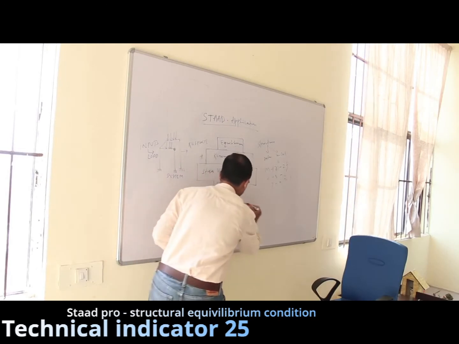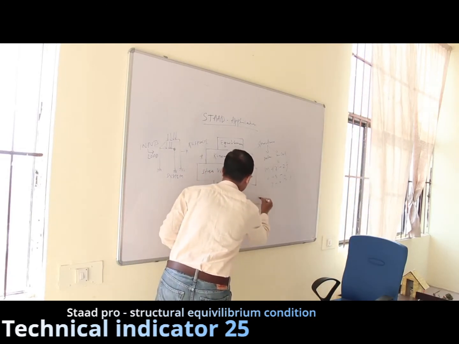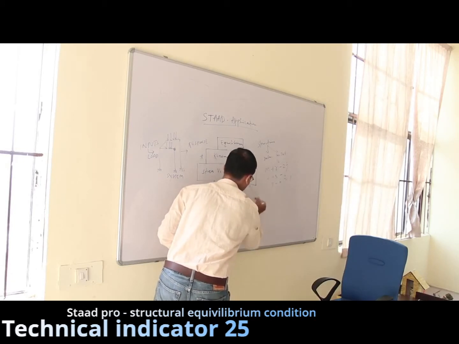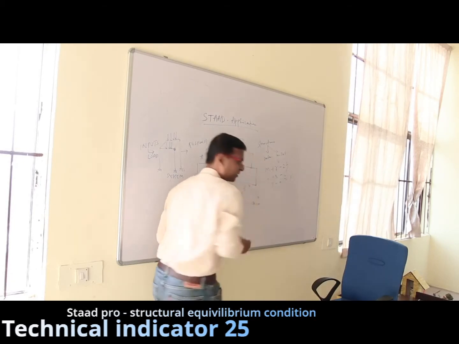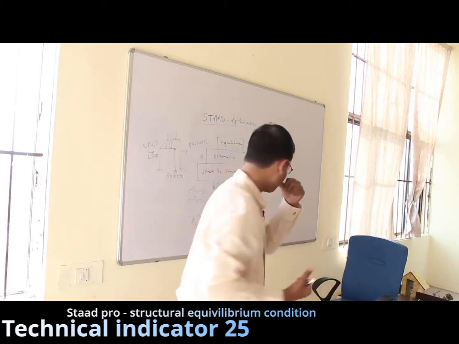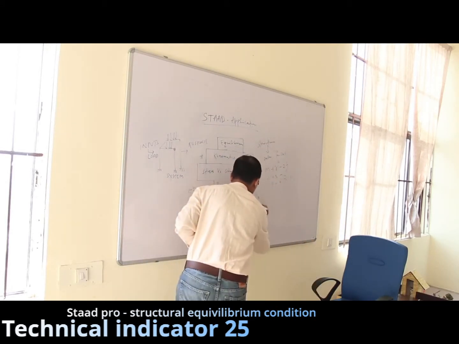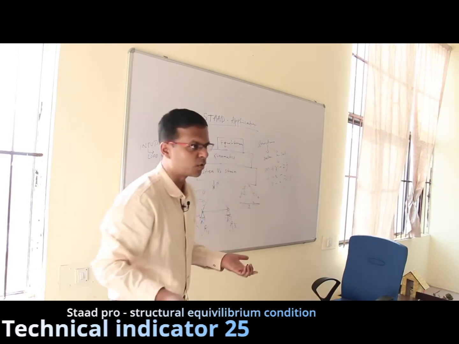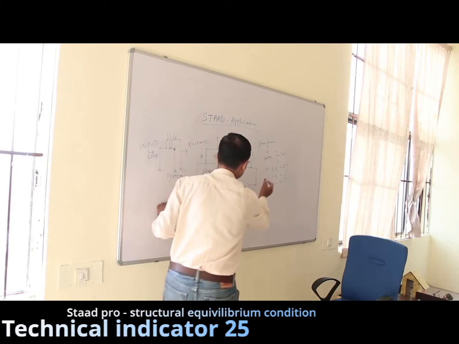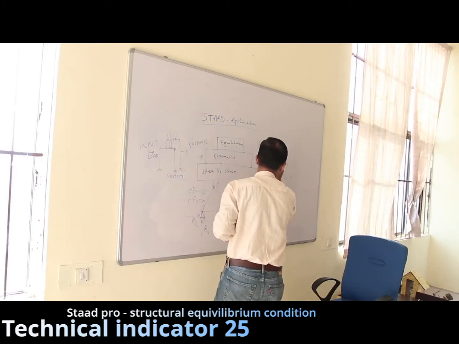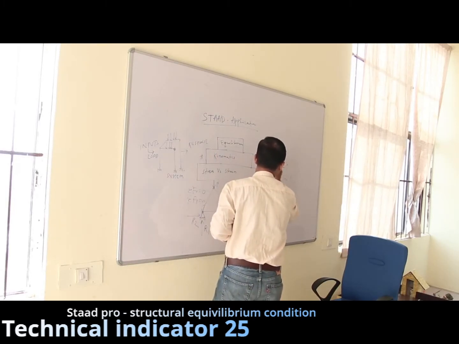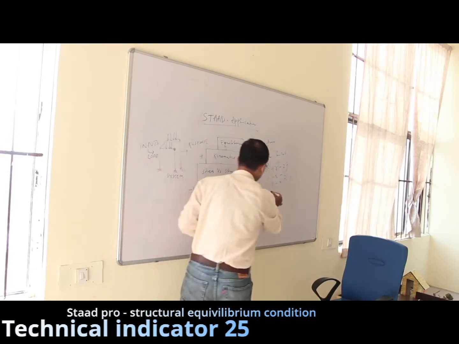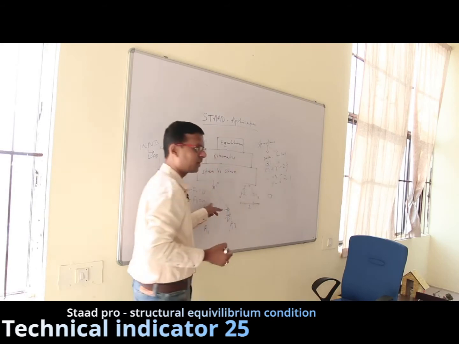Each member, if you discretize, is subjected to only two loads in the axial direction, equal and opposite. So member forces 1, 2, 3 are also not known to me. That means 3 plus 3, 6 unknowns are there.